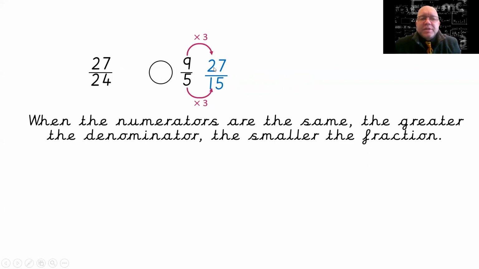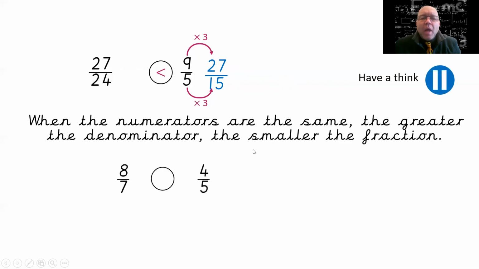So we've now got the same numerator. And following the rule, if the numerators are the same, the greater the denominator, the smaller the fraction. Well, we've got 24 and we've got 15. 24 is the bigger denominator, which means 27 over 24 is the smaller fraction. So 27 over 24 is less than 27 over 15.